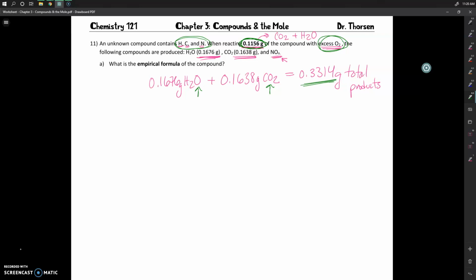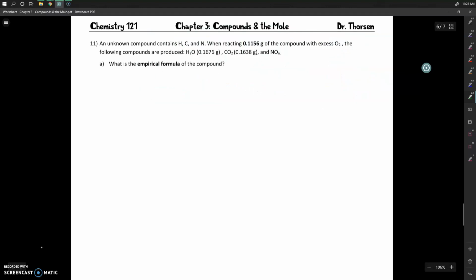That's why it almost seems at first like we're disobeying the law of conservation of mass. But we can't forget about that oxygen. So I hope that clears up one misconception that a lot of people have on problems like this, where they get thrown off by all these mass arguments. I'm going to clean this up a little bit and actually get into solving this problem at this point.